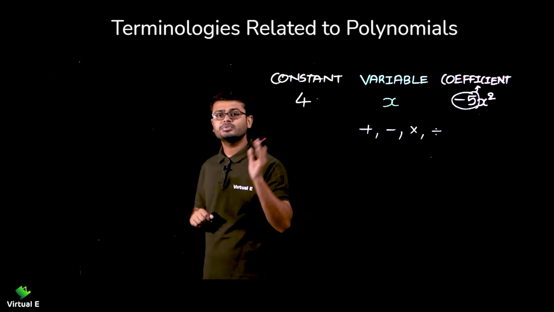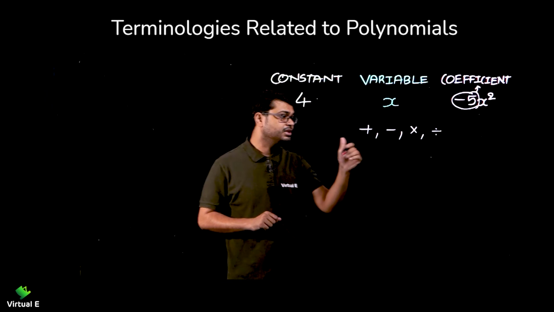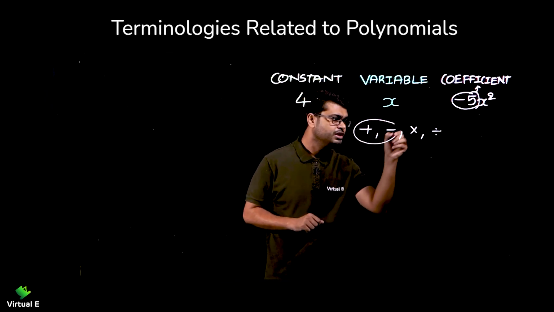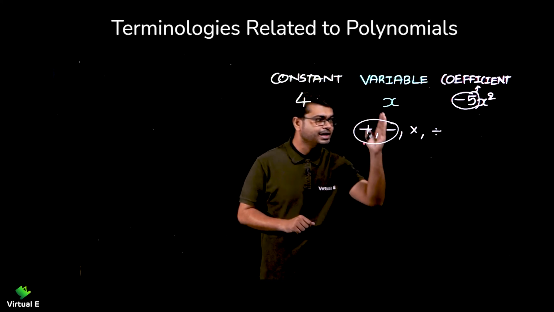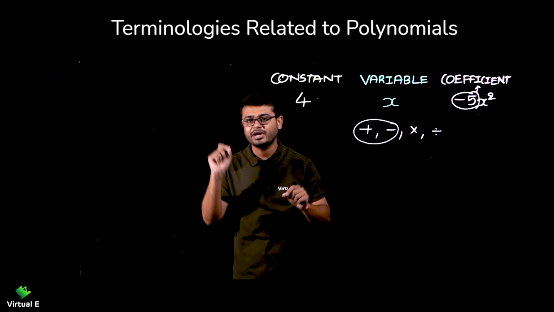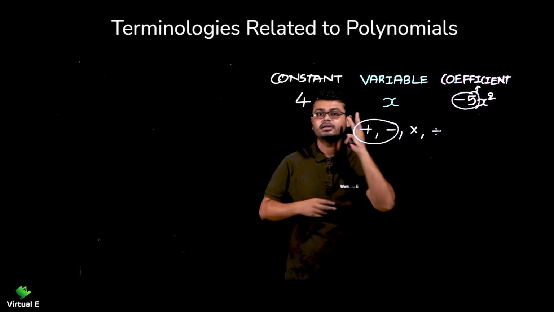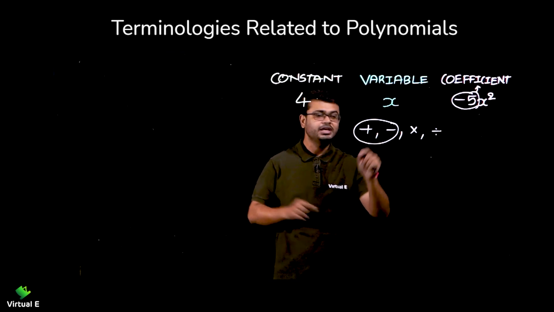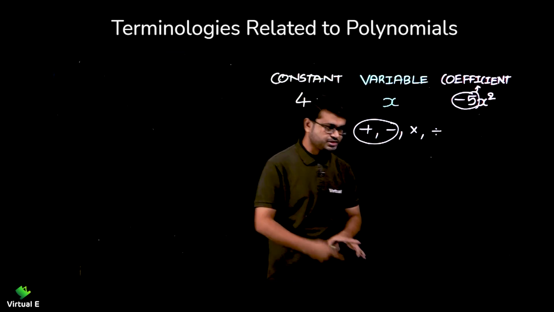Now, if we want to separate the terms, we are only going to use these 2 operators, that is plus and minus. So, if I want to make an expression, I will be using these 1, 2 and 3 terms and any of the operators. So let's make an algebraic expression.